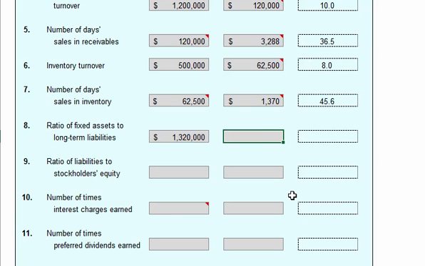Divided by long-term liabilities. Total long-term liabilities were $1,100,000. That says 1.2. You guys, we're comparing these two because normally we're probably purchasing property, plant, and equipment with long-term debt. So could we sell our property, plant, and equipment and pay off the debt associated with it? And here we could, and have 20% left over.